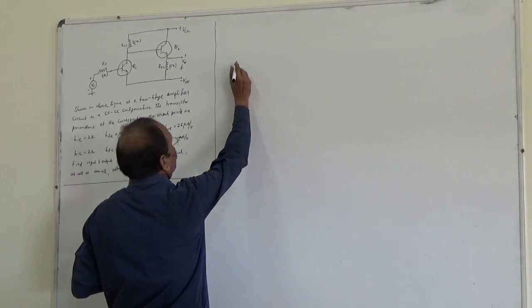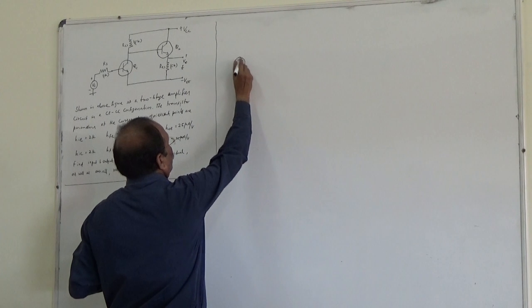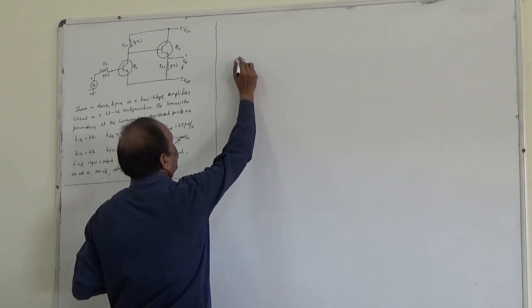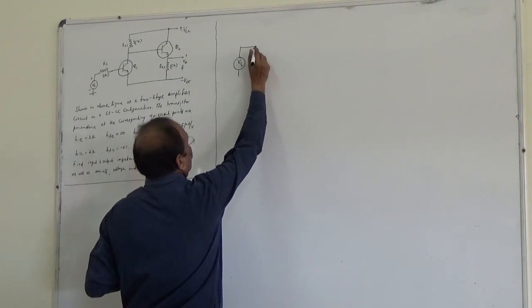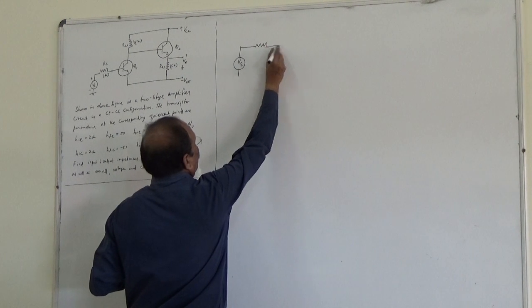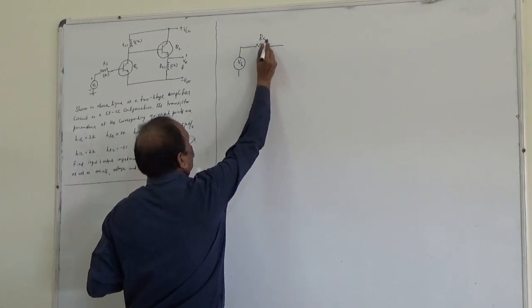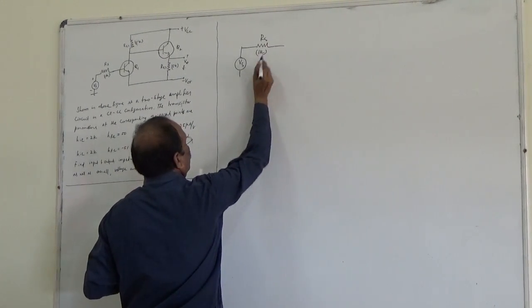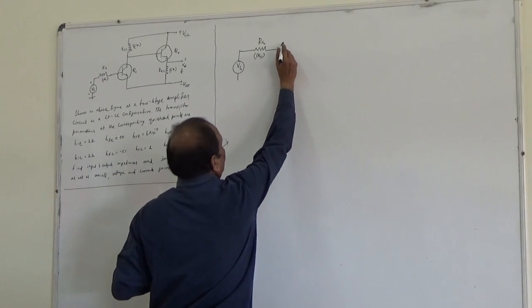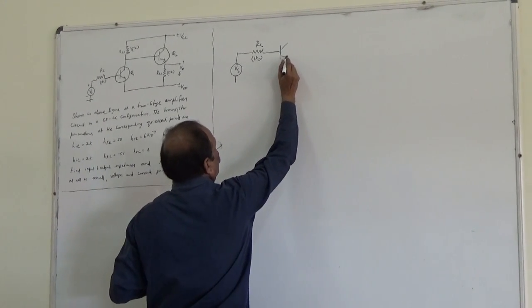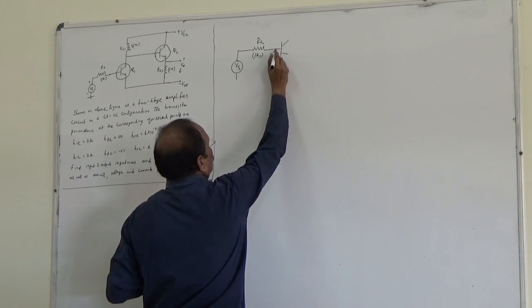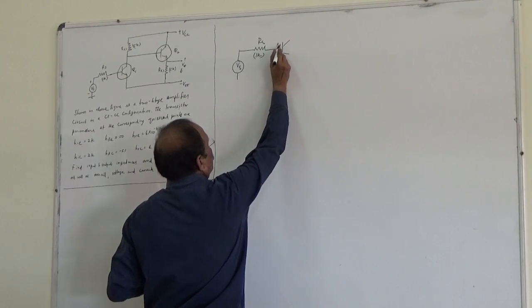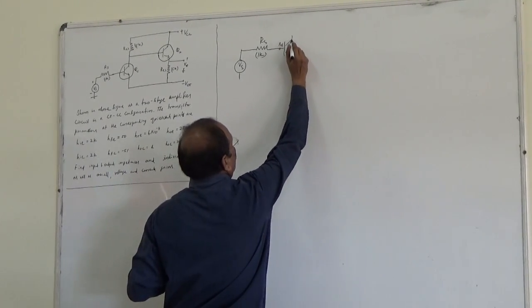So this is RS, 1K, connected to our first stage.